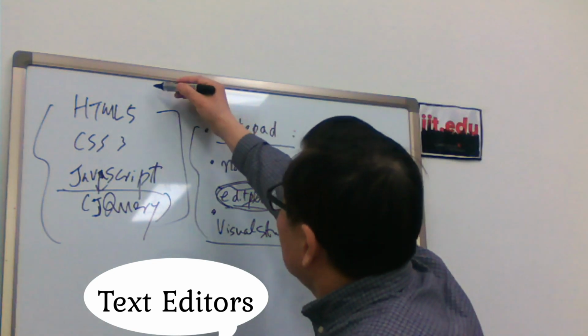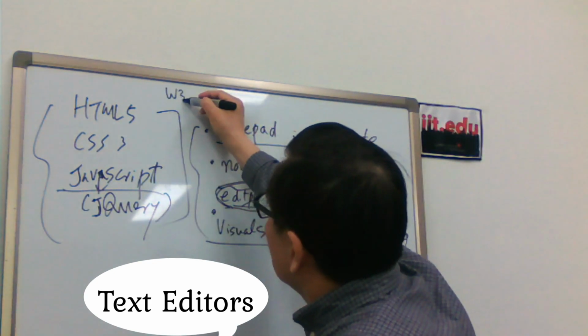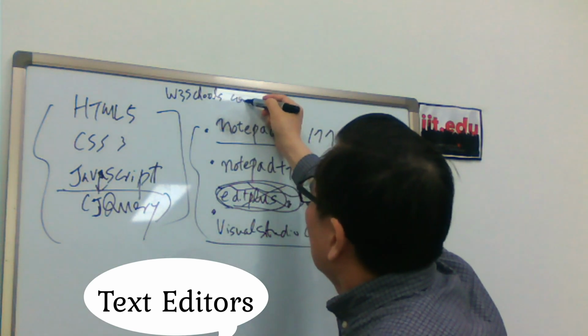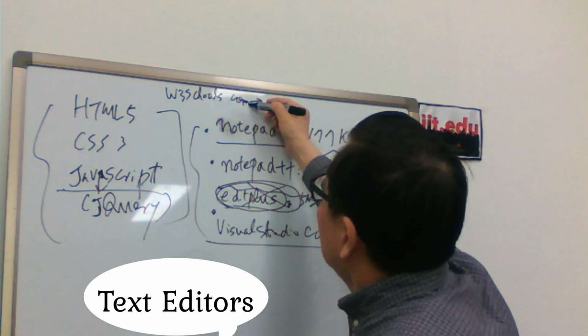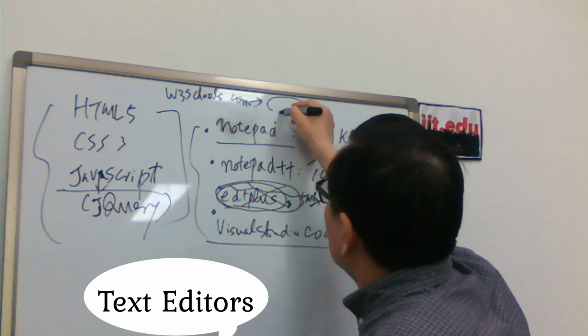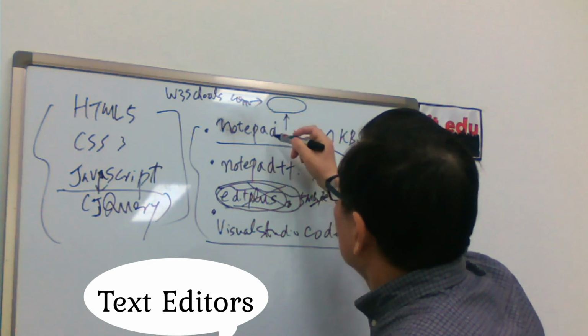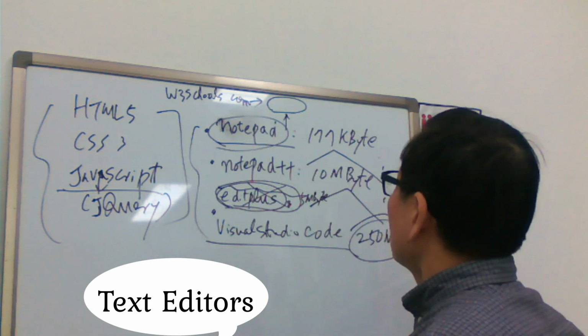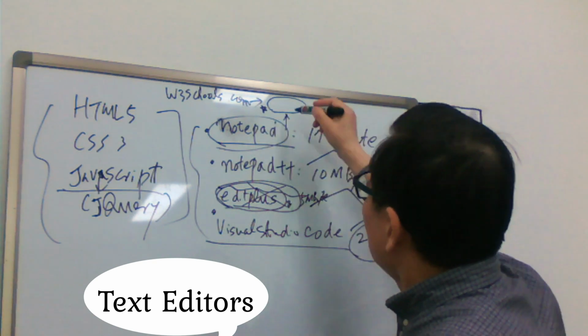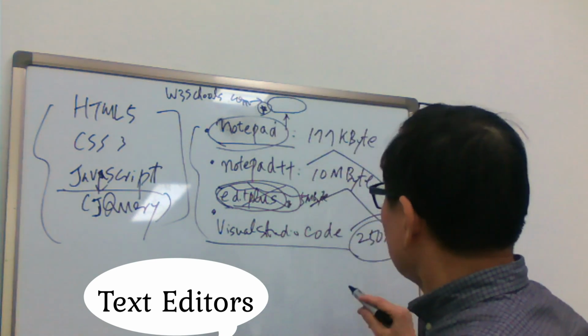And also, we are using w3schools.com, and this company is providing a basic text editor. It is very similar to this Notepad, and that is the most basic one. We can use this one, or simplistic.